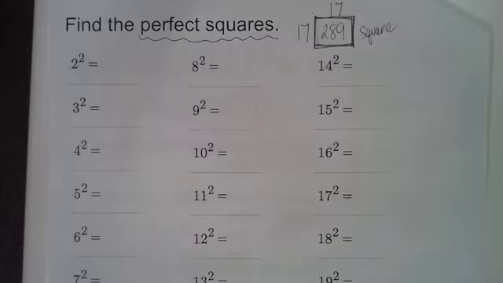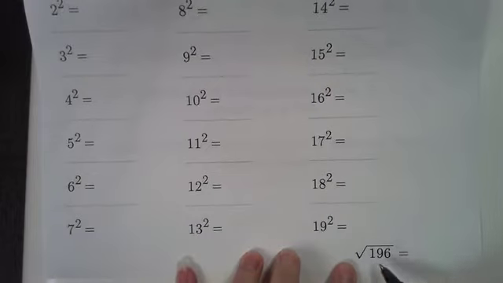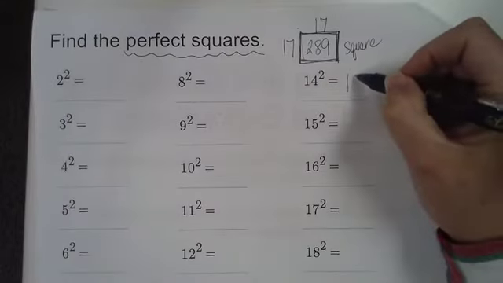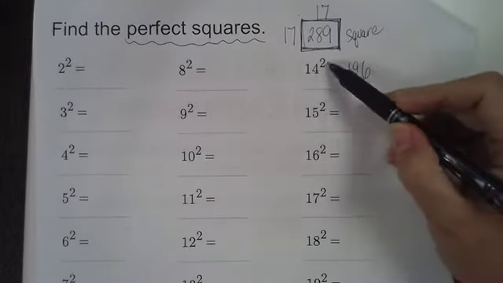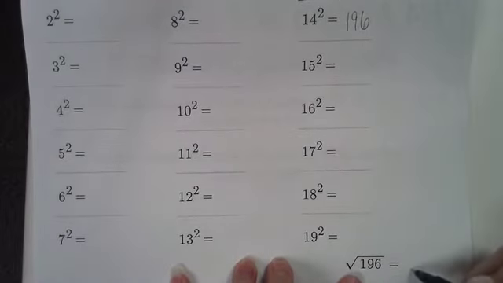So now, if you know your perfect squares, then the fastest and best way to simplify square roots, like the square root of 196, is to know that 196 is 14 squared, so the square root of 196 must be 14.